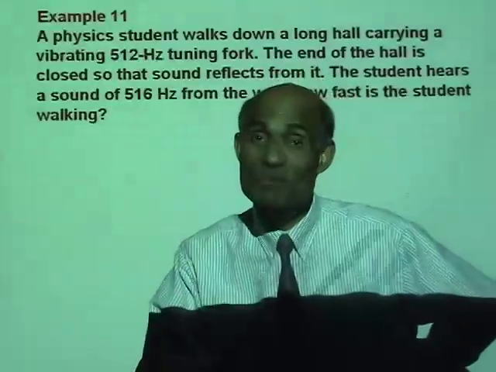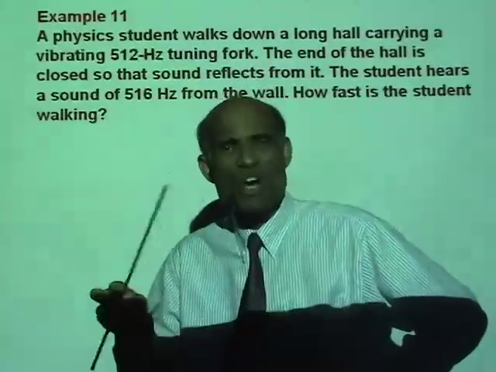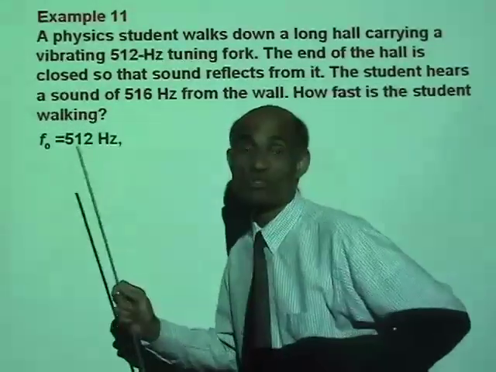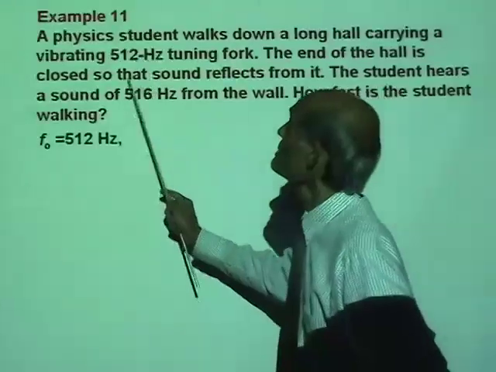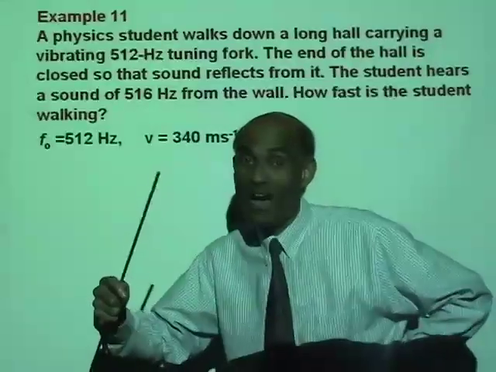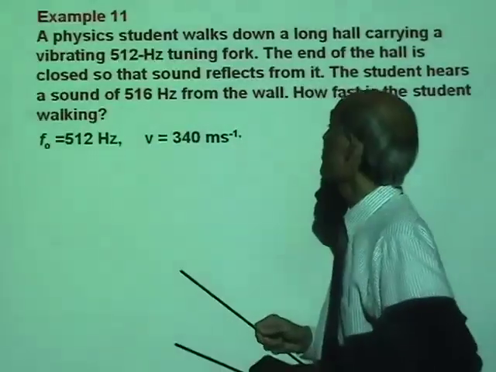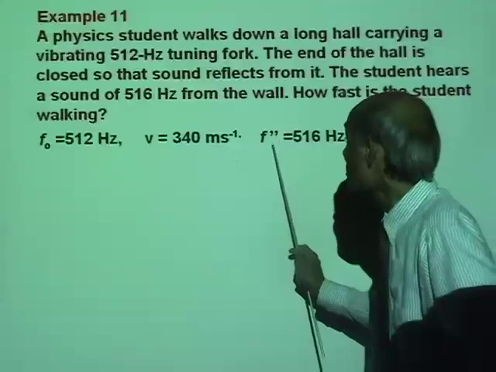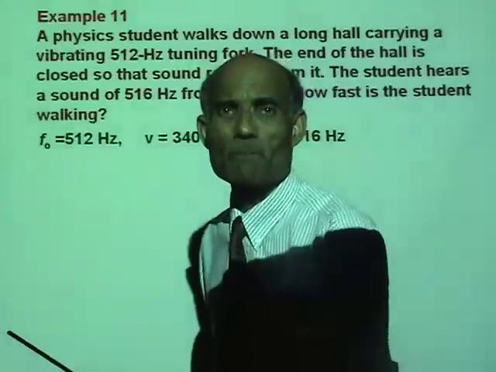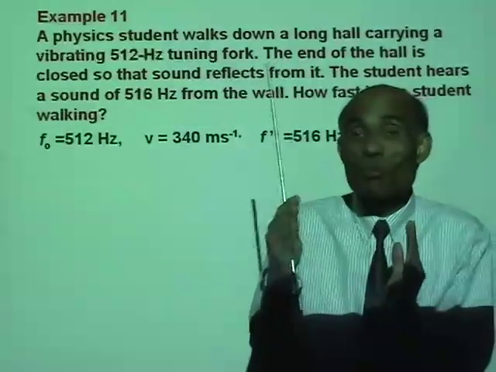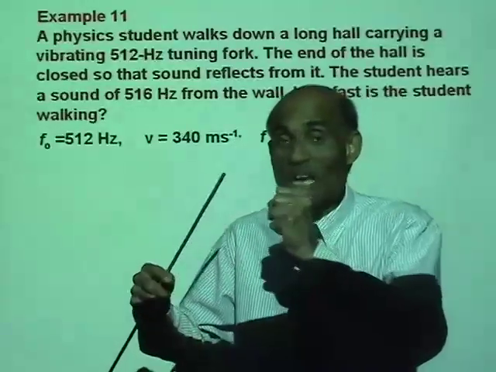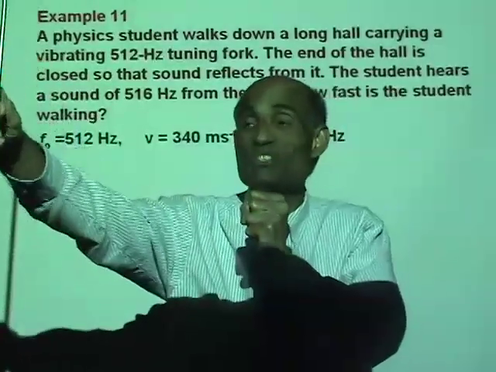Well, this again is a similar problem, but its complexity is not as much as the one we did earlier. The actual frequency of the source, the frequency of the tuning fork, is 512 Hz. The speed of sound, this time it is sound, speed of sound is 340 meters per second. F double prime is 516 Hz. What does that mean? You see, this again you need to break it into two stages. The first is, there is a source that is moving towards a stationary listener.